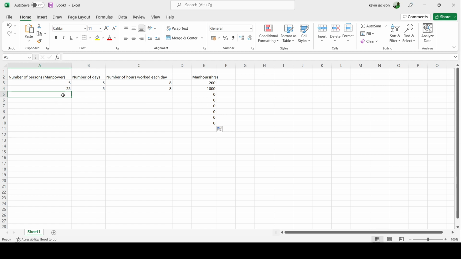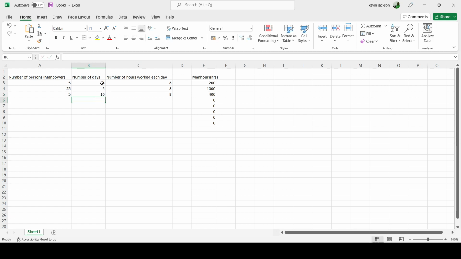So what if we want to do a different calculation? Suppose we know we only have 5 men, and suppose we know they can only work 8 hours a day, and we want to find out how many days it would take to do 400 hours of work. Let's put in 10.